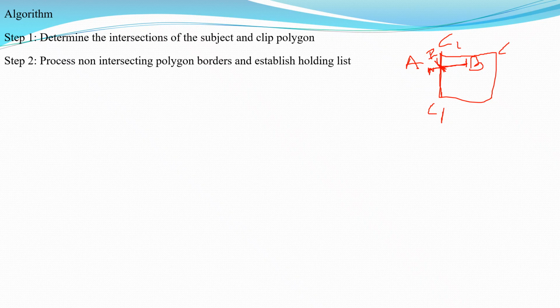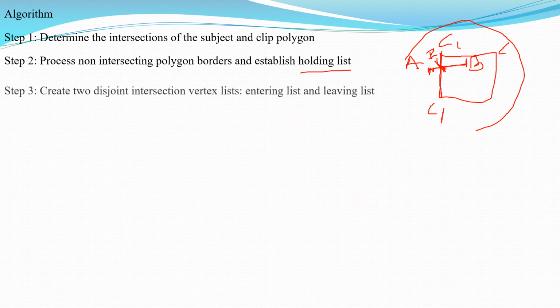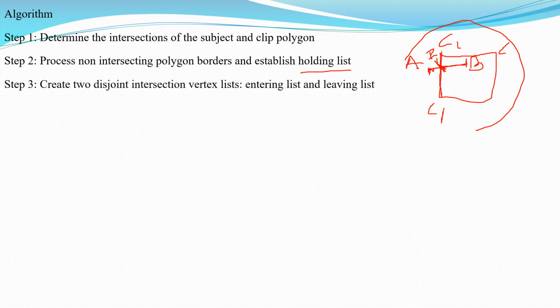Okay, like this. Next, the non-intersecting polygon borders are established, holding the list. We take all the edges in the clockwise direction with the intersections and vertices, right? What is the next step? Create two disjoint intersection vertex lists: the first is the entering list and the second is the leaving list.